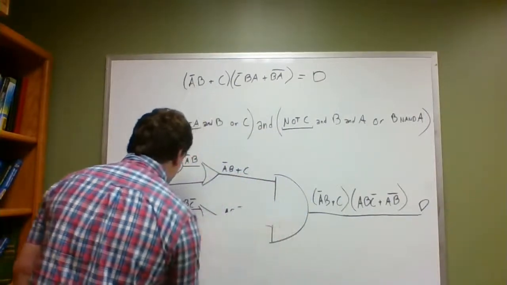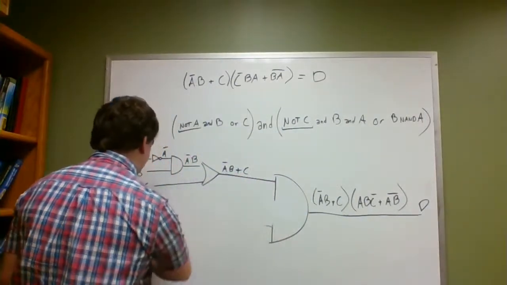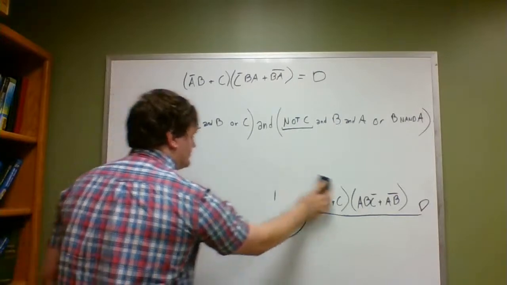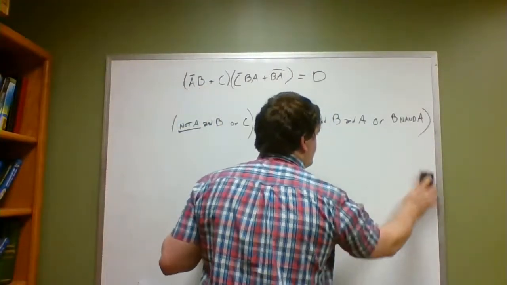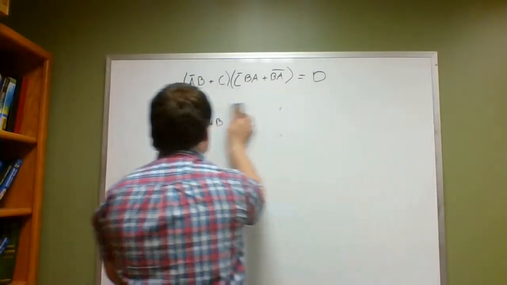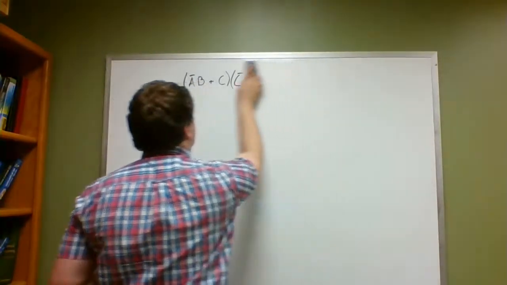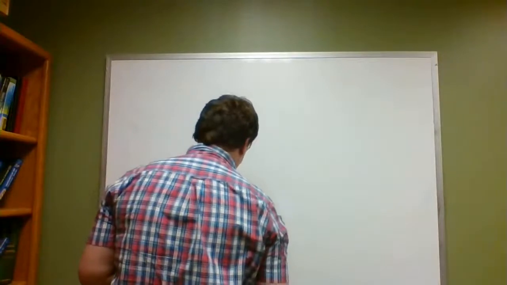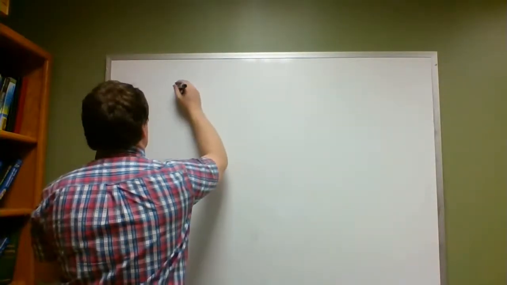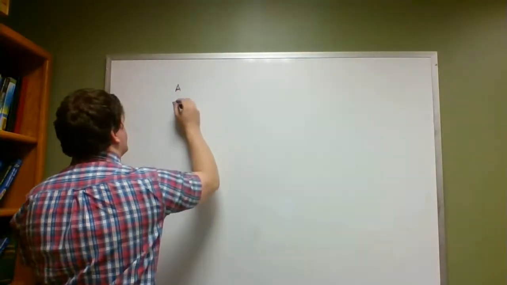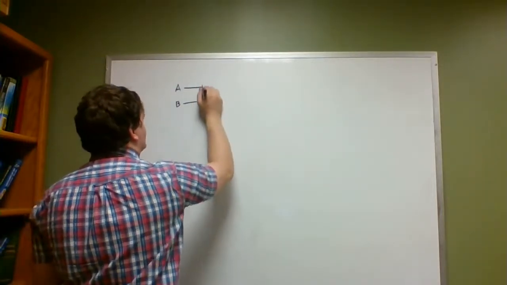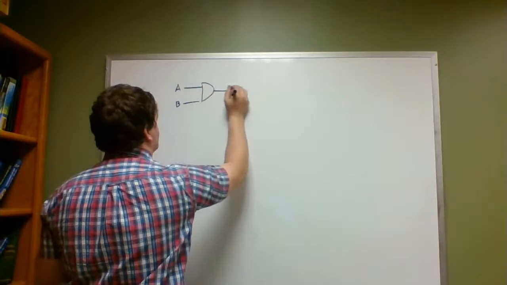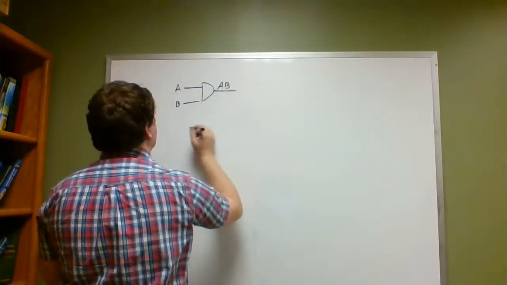Okay, but what if we want to go the other direction? How do I create a Boolean algebra statement from a logic gate circuit? So let's say I've got A, B. Here's an AND gate, so this creates an AB.